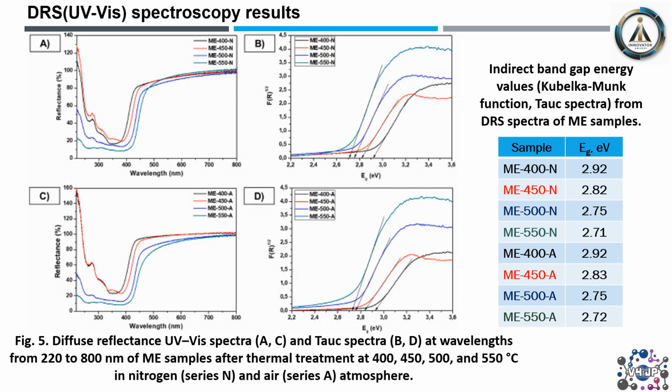And when we compare the same temperatures, there was no difference in the energy band gap values of samples heat treated in nitrogen or airflow, and this finding is consistent with redshift changes at the same temperature, which were almost identical in both nitrogen and air atmospheres.